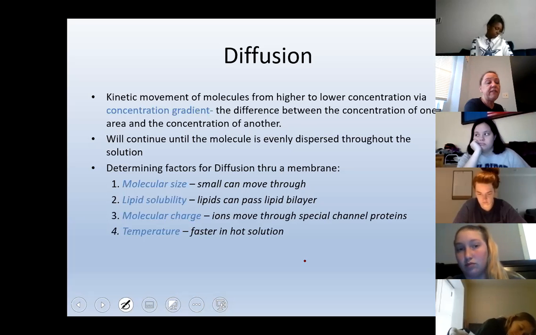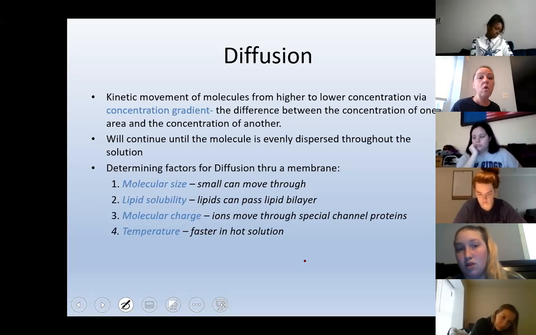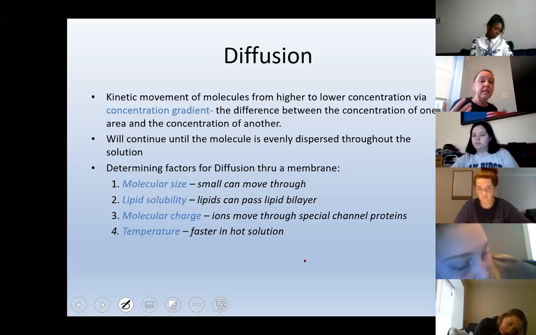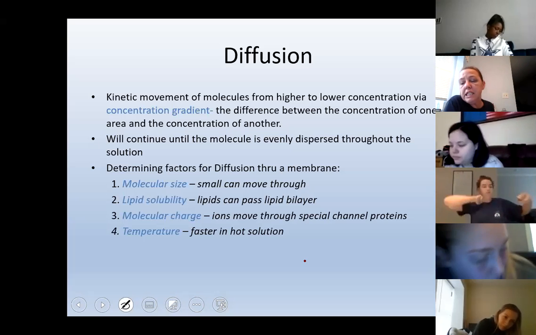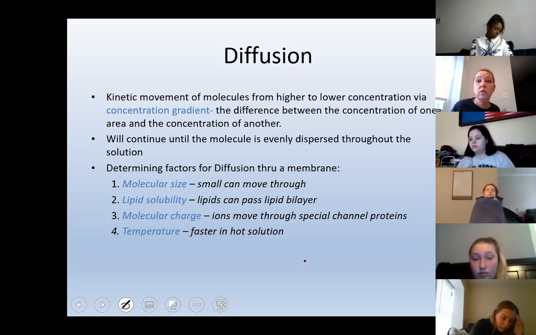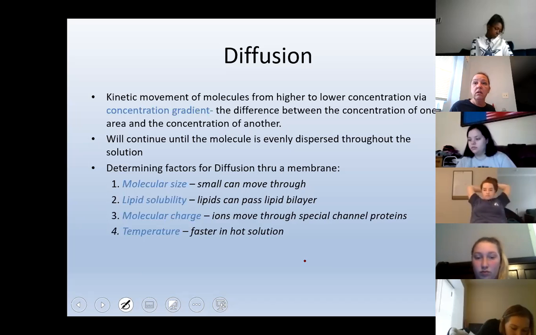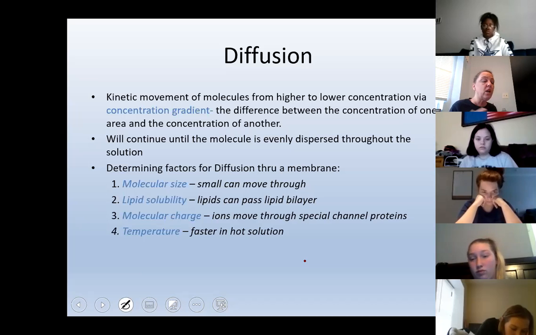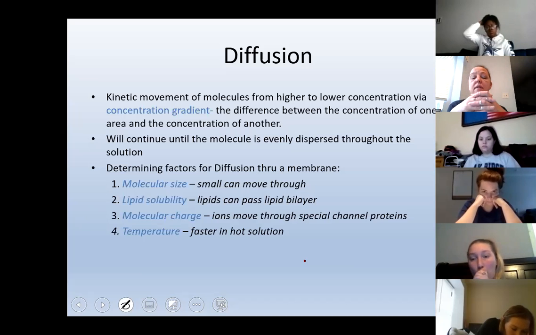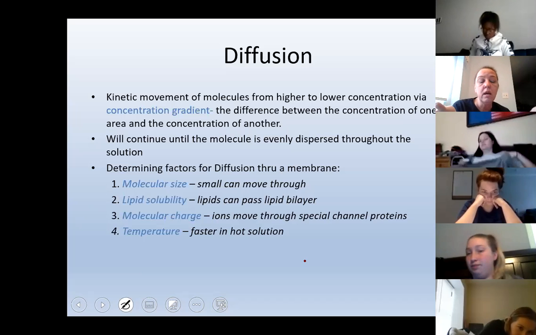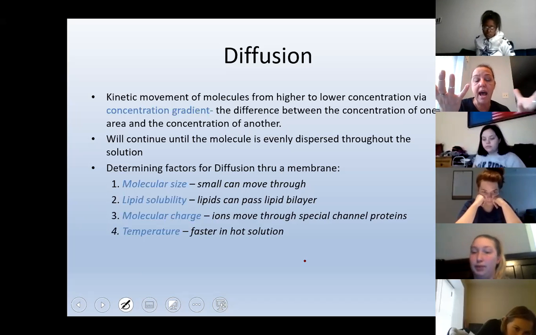Some of the determining factors that we have for the ability to move: how big is the molecule? Obviously, the smaller molecules are going to have an easier time passing through the membrane. Are the molecules fat soluble? We know that the lipid bilayer of our cell is fat.